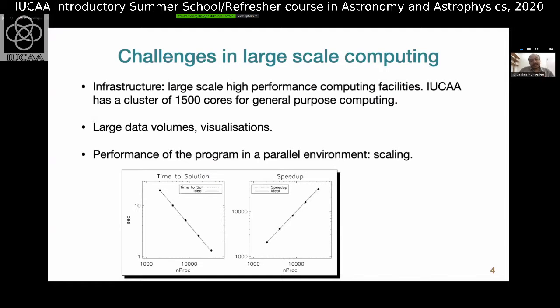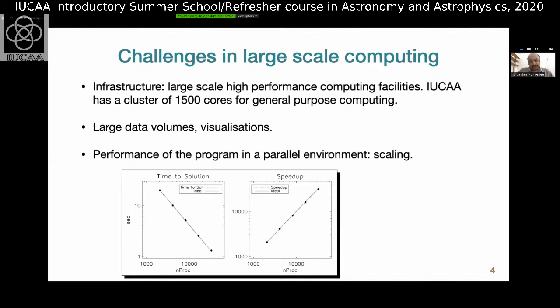Scaling means you take your problem and divide it among multiple processors. As I said, these processors have to talk to each other, and this passing of information from one processor to another is a bottleneck that reduces efficiency.